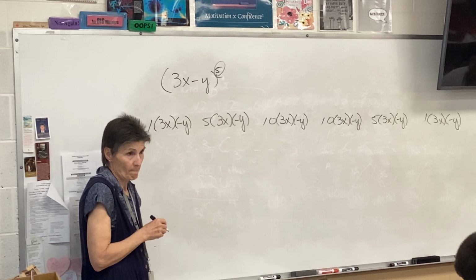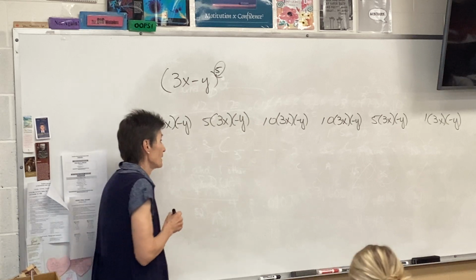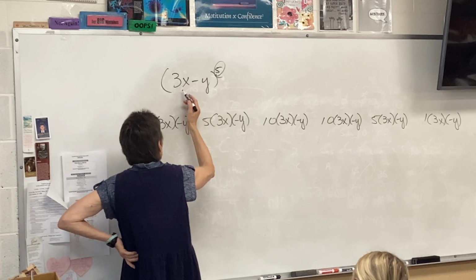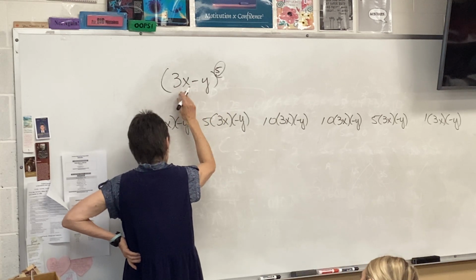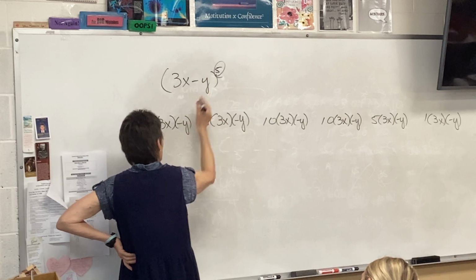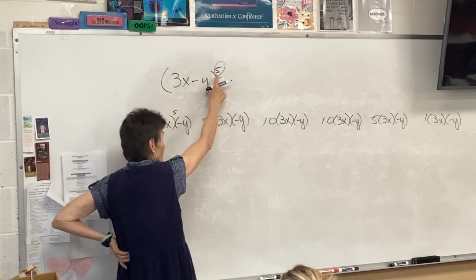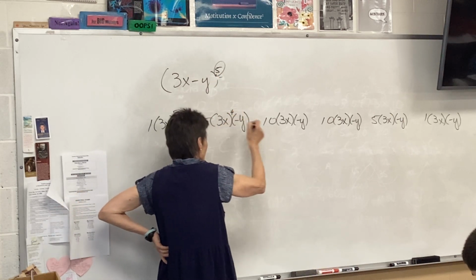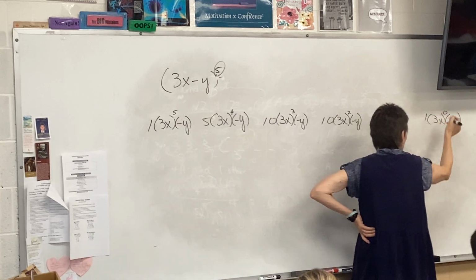Now what? I'm missing something. I'm missing my exponents. I remember that if I FOILed this out, the first power on the first term, the 3x, would be 5. That's the first power on the 3x. So then this one will be 4, 3, 2, 1, 0.